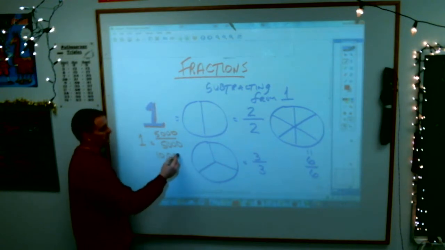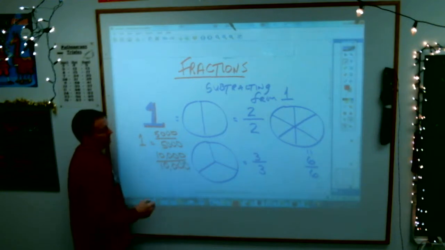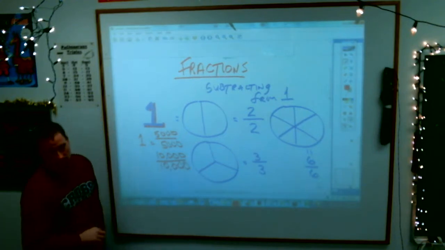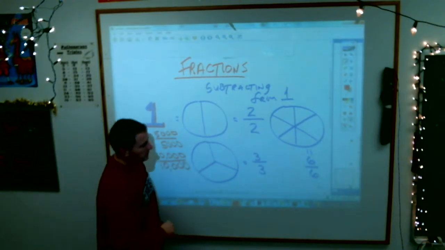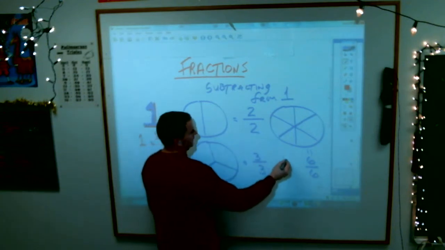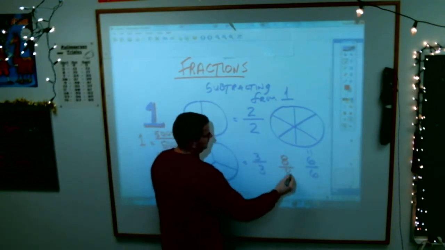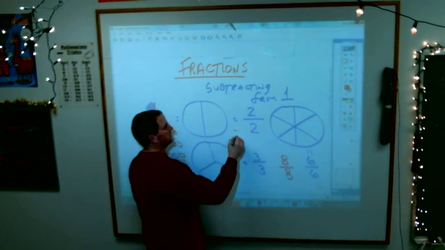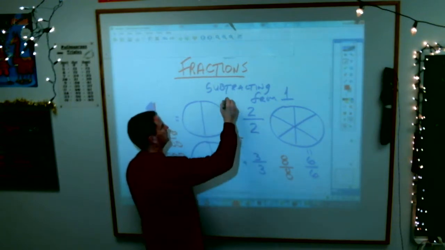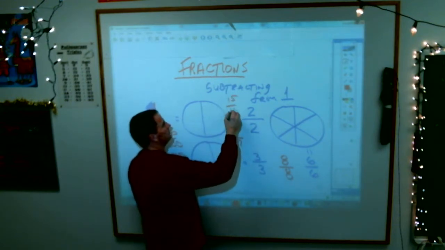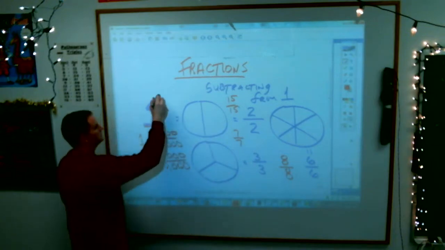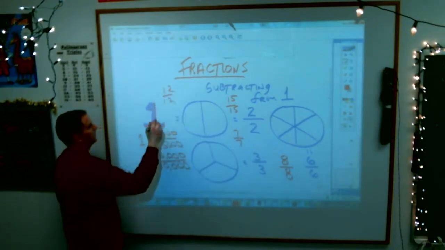Now we're talking about those small fractions. Or let's just go with everyday commonsensical things: 8 over 8, or 7 over 7, or 15 over 15, or 12 over 12.